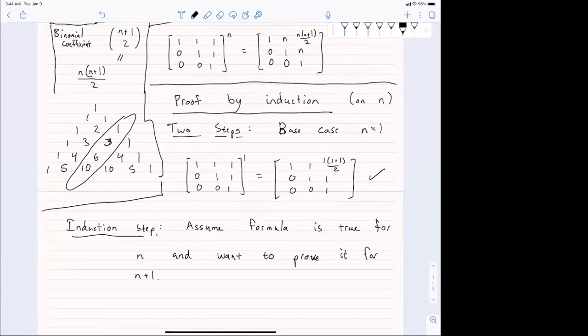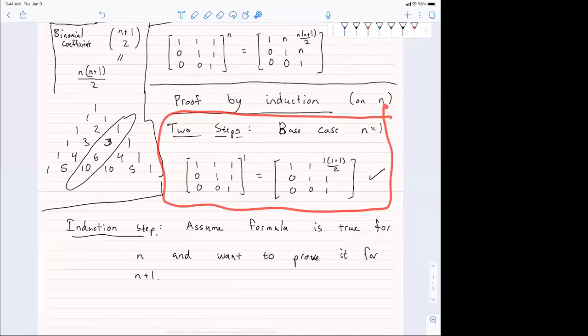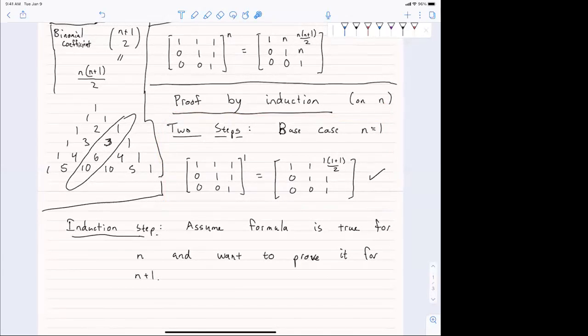What's the idea behind mathematical induction? I like to view it as a ladder. The base case is like the lowest rung of the ladder. Let's say I have a ladder going up infinitely high. I want to know that I can get as high as I want on that ladder. What do I need to know? I need to know first that I can get on the lowest rung of the ladder. If I can't do that, like if it's too far above me, I can't climb the ladder.